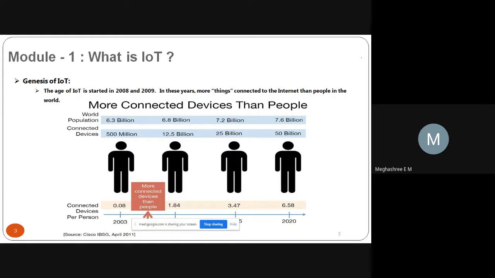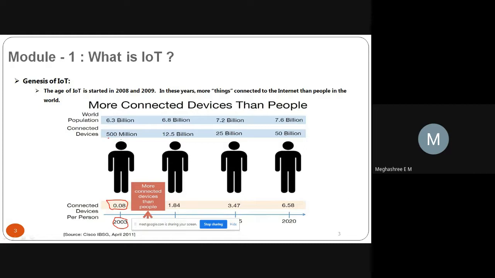In 2008 and 2009, during this period, IoT started. I mean, they started developing this technology. As you can see in this image, at the bottom, in the year 2003, the connected devices per person, I mean the devices connected to the internet, calculated with respect to one person, was just 0.08.